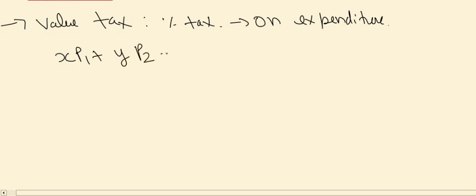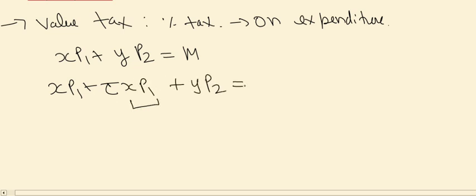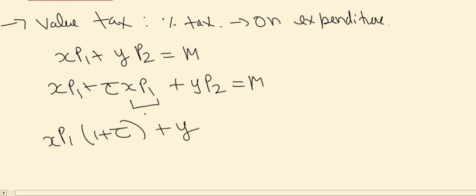So our original budget line would be xp1 plus yp2 equals m. Now, after the ad valorem tax, we get xp1, that is the original expenditure, plus a certain percentage of this expenditure, tau into xp1, plus yp2 as it is equals m. Now we take xp1 common, we get (1 plus tau) xp1 plus yp2 equals m.